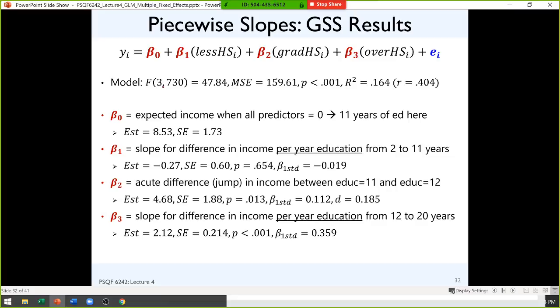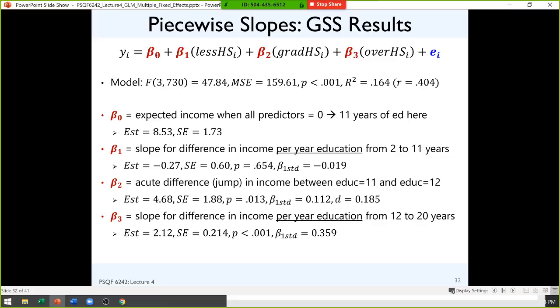So in order to evaluate an F, I need to know what the degrees of freedom are for the numerator and for the denominator. Numerator is the number of slopes. Denominator is the number of slopes that you could have had, but you didn't, and that is a function of sample size. So there are, in total, in this example, 734 people.